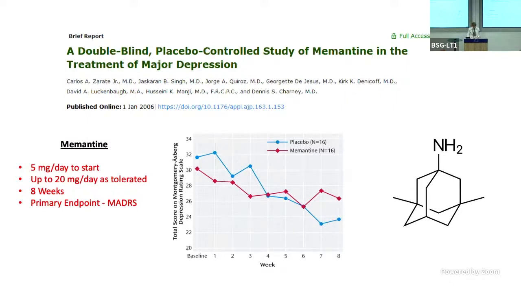But the trials that have been done used low doses of memantine that are not really dissociating, and they were administered in a way that is different from what we do in the ketamine trials. Sometimes I hear this as evidence against the NMDA receptor hypothesis. But again, if we gave ketamine at these doses, absolutely it would fail.